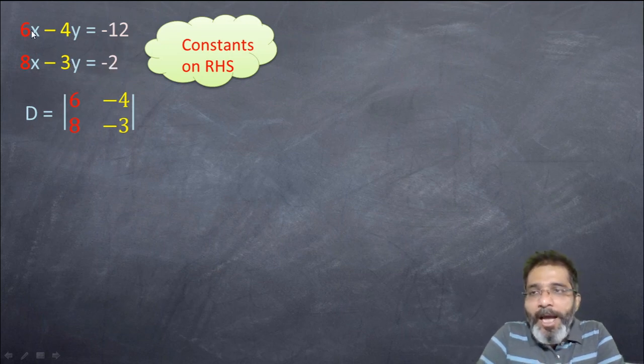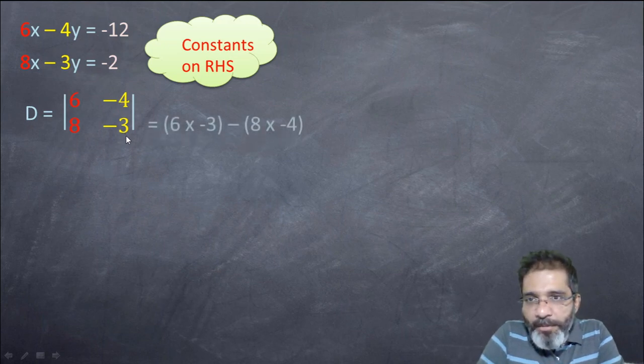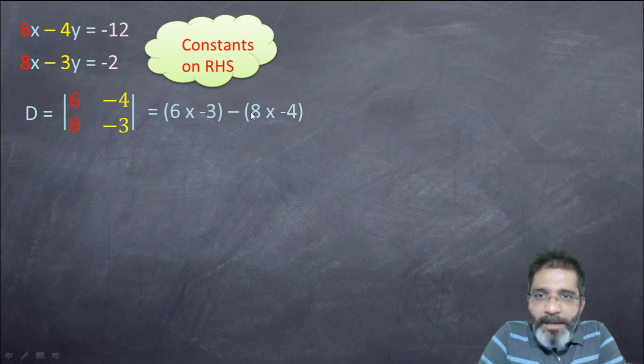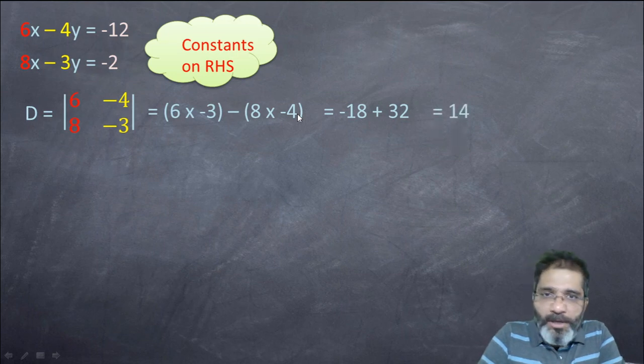Again, I'm taking the coefficients of x here, and the coefficients of y here. We all know how to find the value of a determinant. First we multiply this pair, 6 and minus 3, minus 8 into minus 4. So we solve this: minus 18 plus 32, and we get the answer 14.